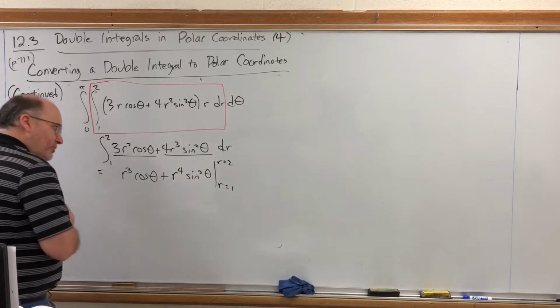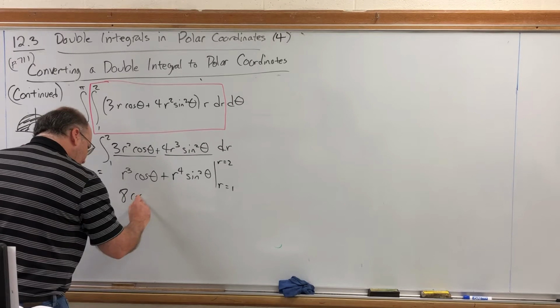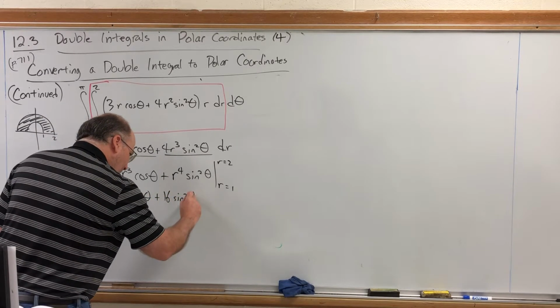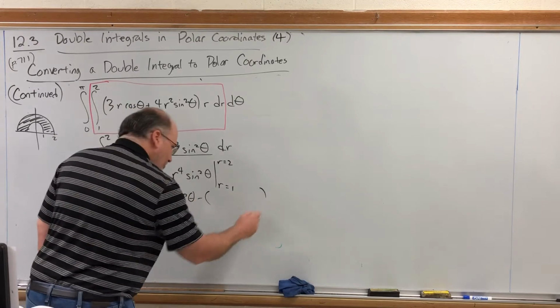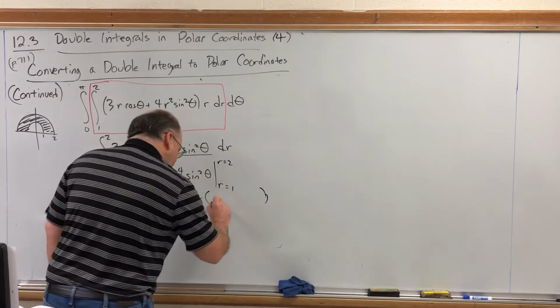If we substitute 2, we get 8 cosine theta plus 16 sine squared theta, minus, if we substitute r equals 1, cosine theta plus sine squared theta.